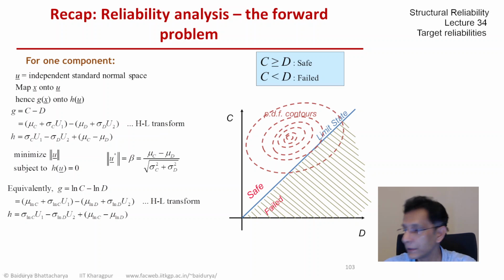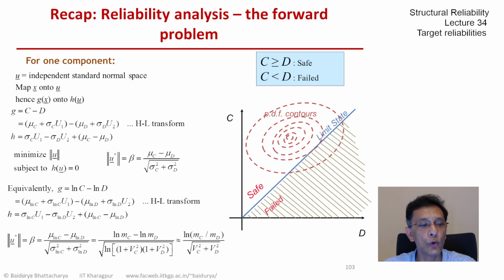And again, going through the same steps, we would come up with a beta value, which has a familiar form: the log of the median of C over the median of D, so the ratio of the two medians, the log of that over the square root of the sum of the squared COVs. So that's the composite uncertainty. That is also an equivalent description of the reliability index.